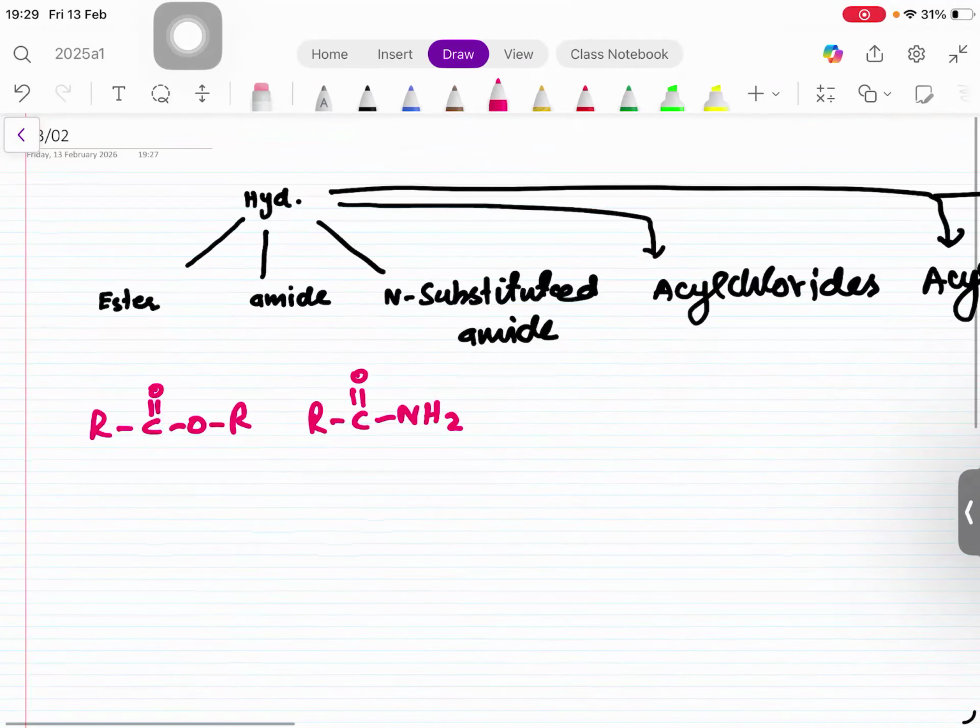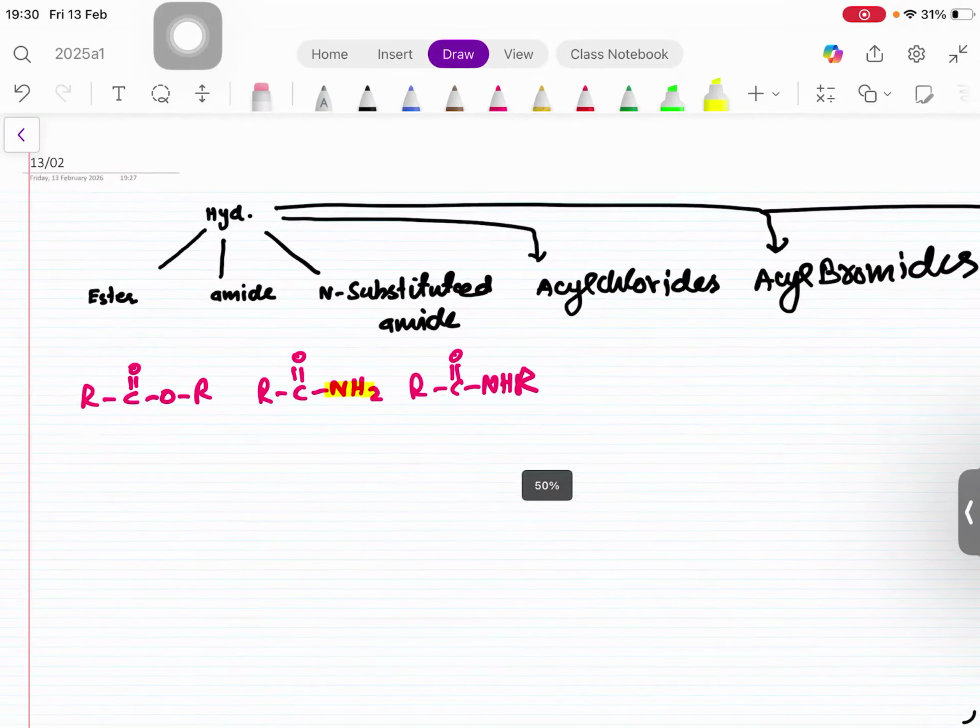And substituted amide is RCONH, and then there is another R. So please look at this. RCONH2 is an amide, and when one of the hydrogens is replaced with an alkyl, it is a substituted amide.